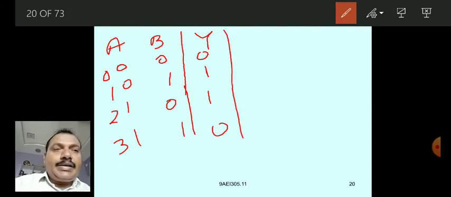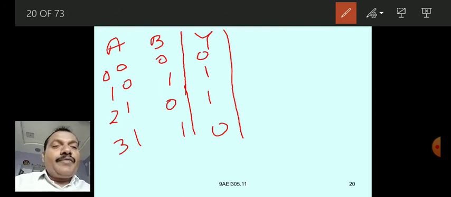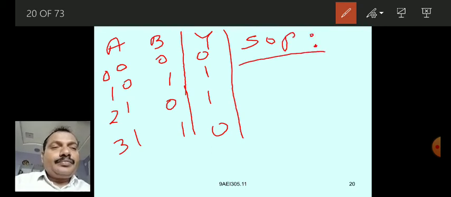The question here is, write the SOP form and POS expressions for this given truth table. So let me write first the standard SOP form.